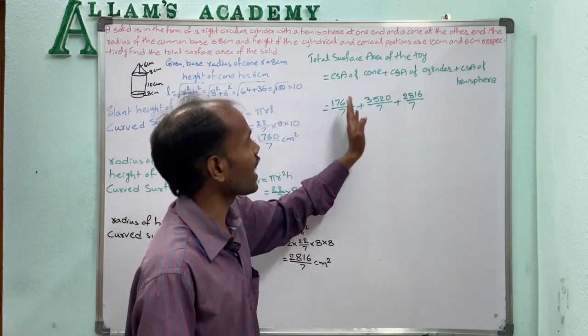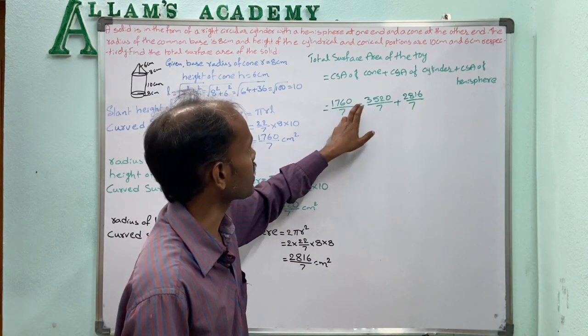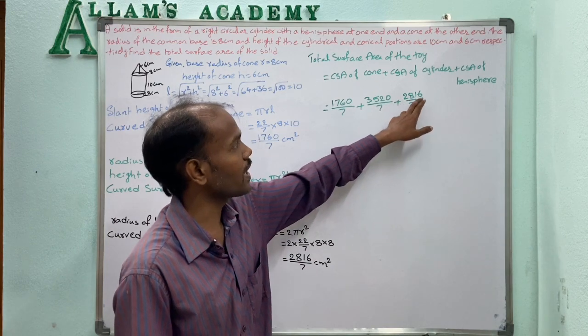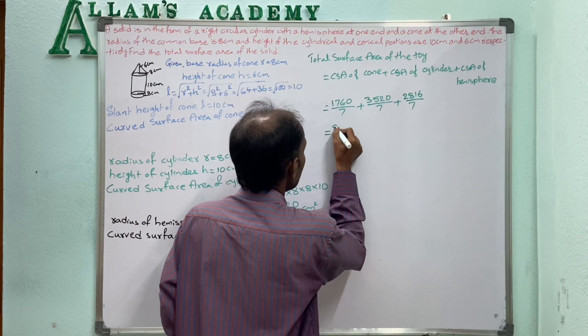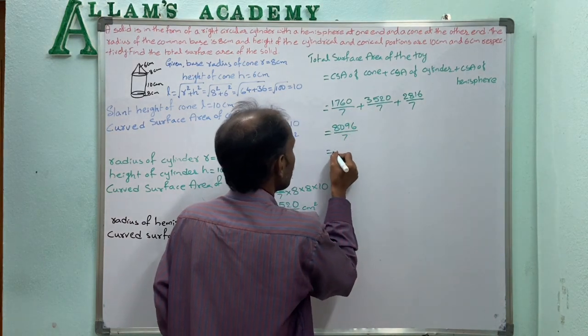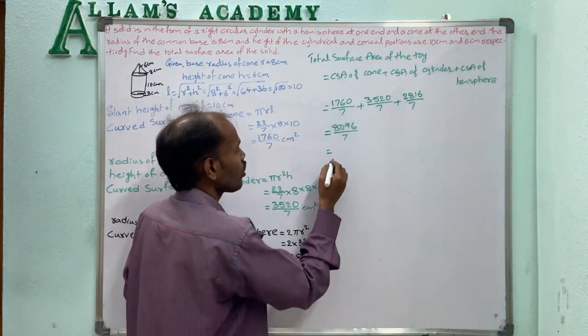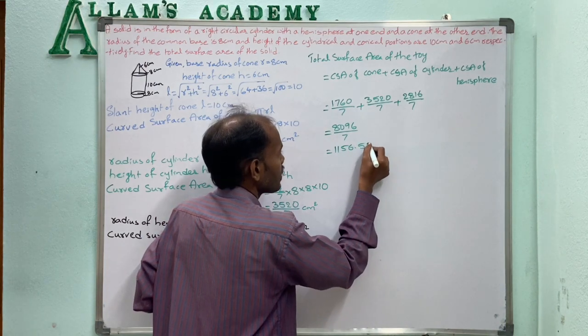Directly adding the numerators, 1760 plus 3520 plus 2816 is 8096, so 8096 by 7, which is 1156.57.